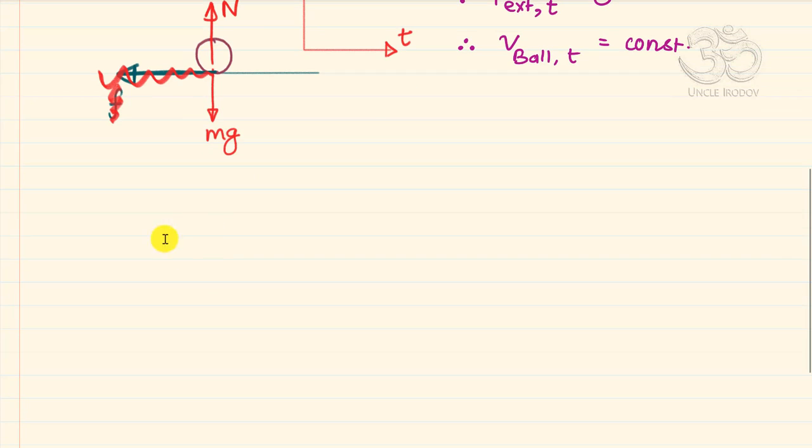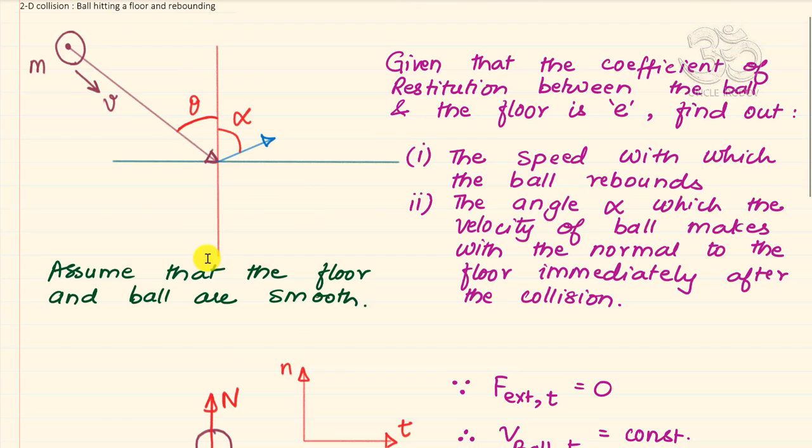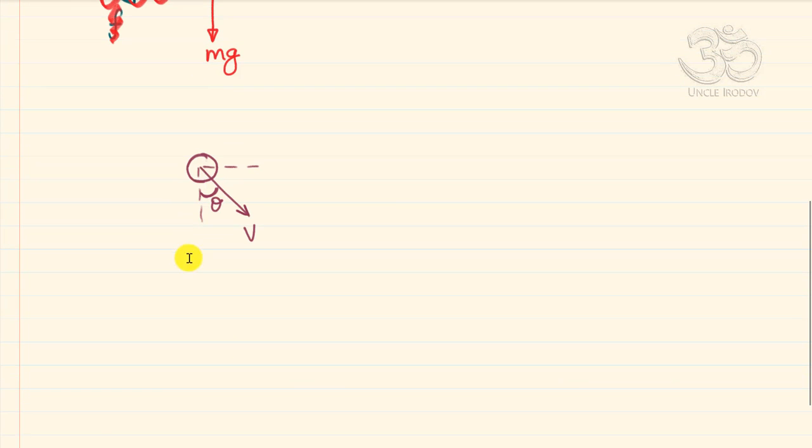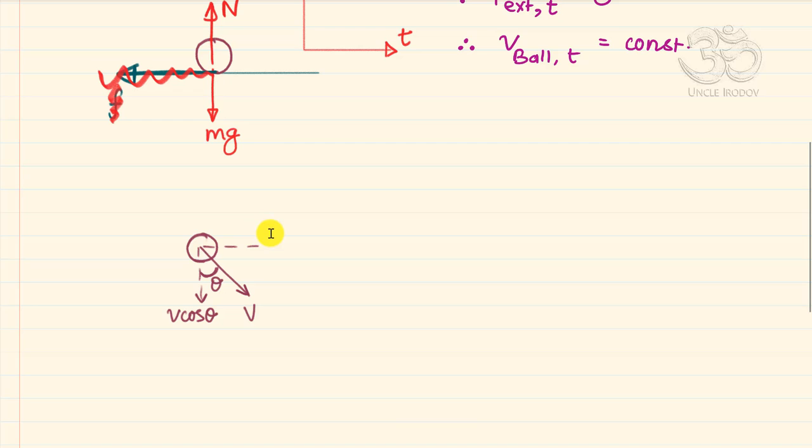Now, if I were to draw the velocities of this ball just before the collision, you will see that there is V at an angle. So this is V, and the way in which we have chosen the angles, this angle would become theta with the vertical here, because if this angle is theta, then this angle here will also become theta. So you've got theta and theta. This velocity here, the vertical component towards the floor, is going to be V cos theta, and the component towards the right, which is the T axis, is going to be V sin theta.